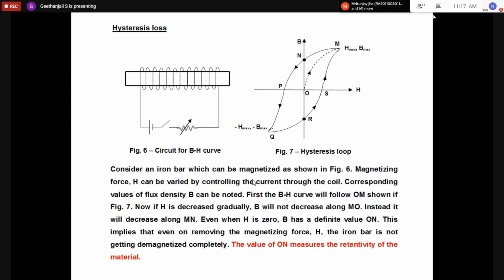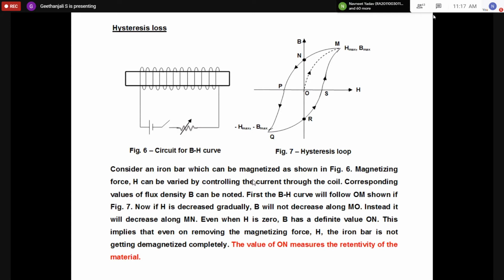First is the electromagnet, which is connected with one DC supply, one switch, one variable resistor. The variable resistor's role is to vary the current flowing through the coil. This curve is drawn between B and H, flux density and magnetic field intensity.